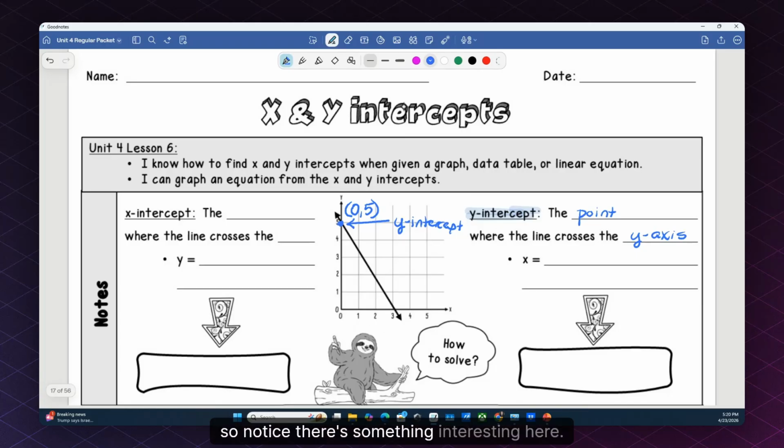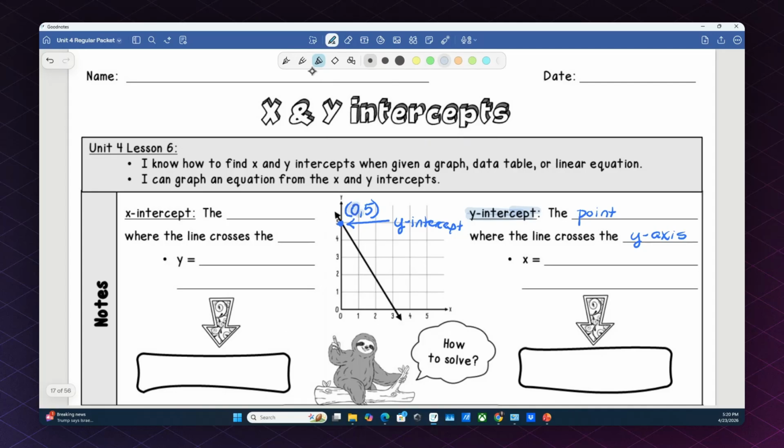Notice there's something interesting here. We have 0 as my x value. It turns out that all y-intercepts will have x equals 0. So x equals 0 at the y-intercept.